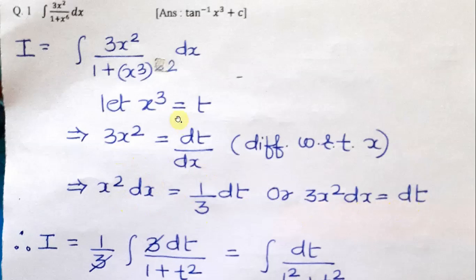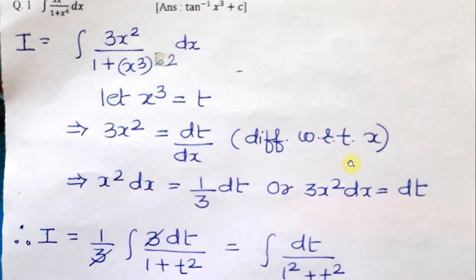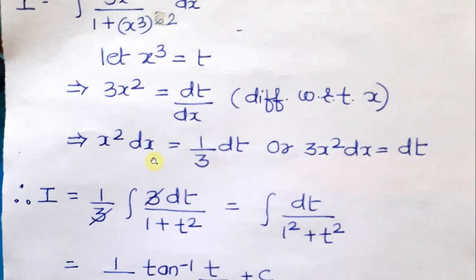Because the question already has 3x square dx, it is better to keep the 3 on the same side and find only the value of dt. So x square dx is one upon 3 dt, and that 1 upon 3 I keep outside. So 3 and 3 will cancel, and you only write dt over here.